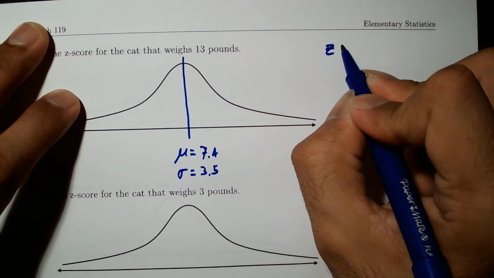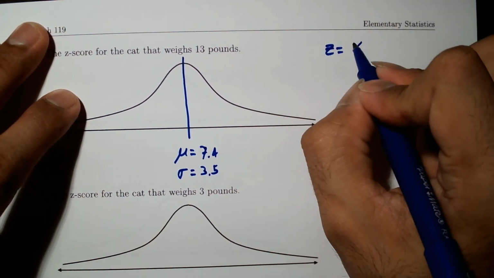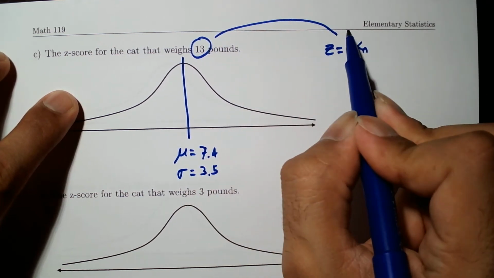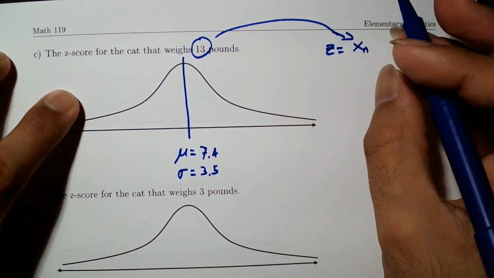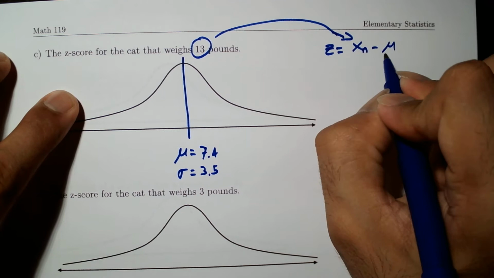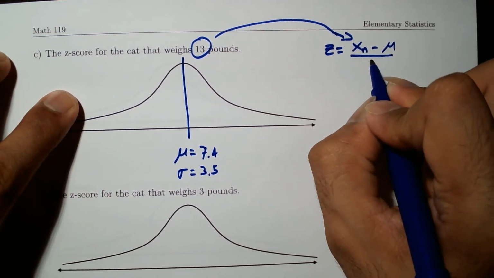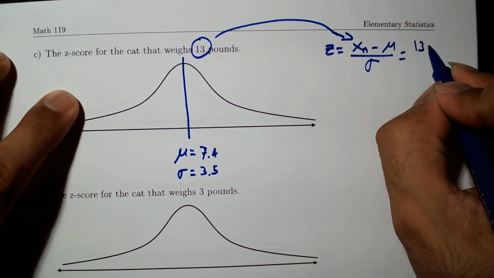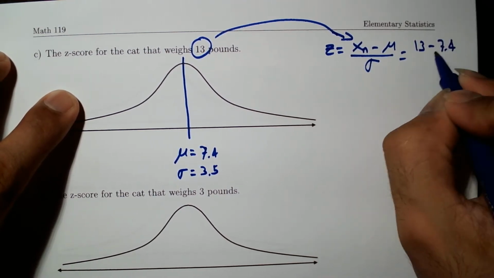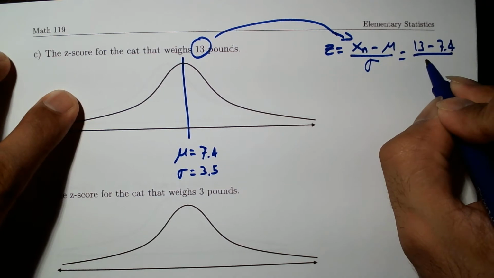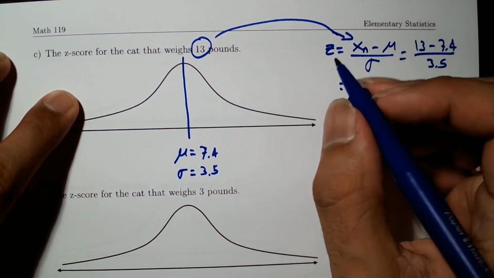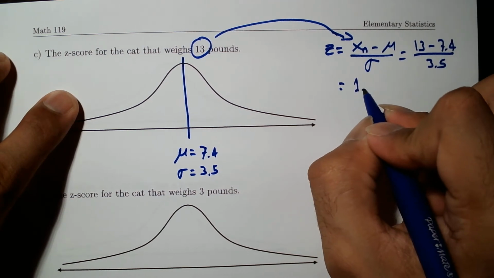So the formula: z equals x_n, which is the one we want to know, plugged in there, minus mu, over sigma. Plug in the numbers: x_n, which is 13, minus mu, which is 7.4, divided by 3.5. If you use a graphing calculator, you are going to get 1.6.